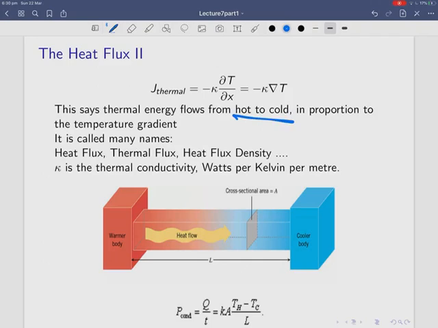The second bit is not so obvious, but it's true. Okay. This thermal flux is called a whole lot of things: heat flux, thermal flux, heat flux density, and K here is called the thermal conductivity. It has units of watts per Kelvin per meter, if you figure it out.